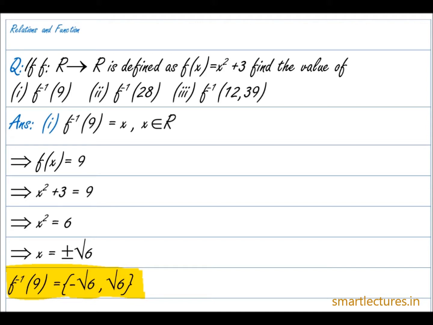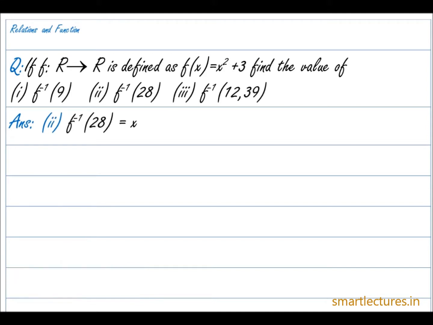And now we shall find the value of f inverse 28. Now let f inverse 28 is equal to x, where x belongs to real numbers. So now we have to find the value of x for which f of x is equal to 28, or we can write x square plus 3 is equal to 28.